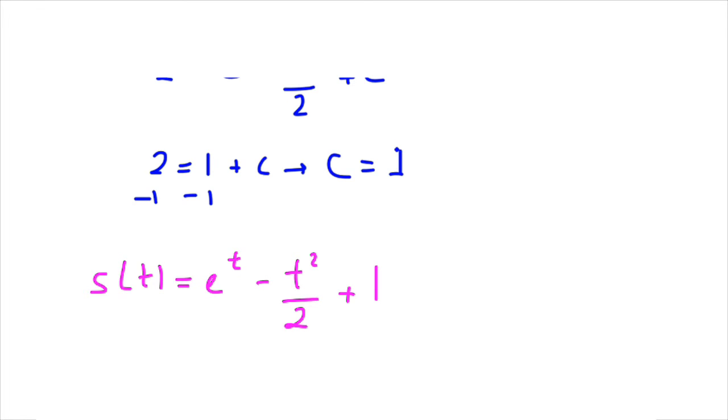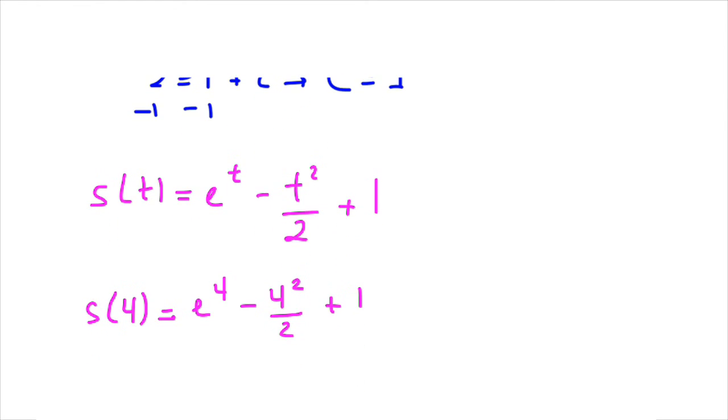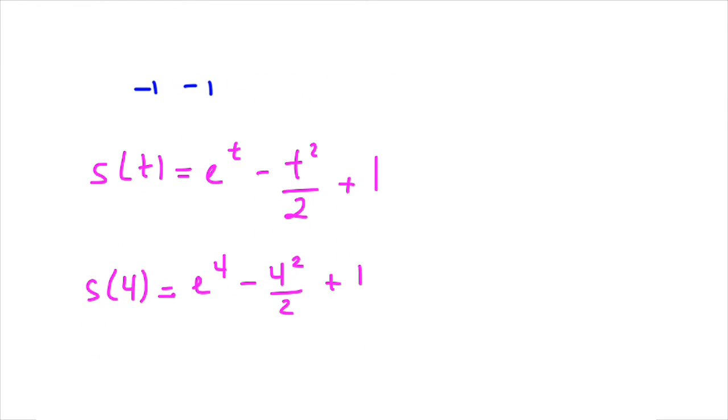You see, s of 4 is e to the 4th minus 4 squared over 2 plus 1. Well, let's pop in those numbers now. Let's see. That's going to give us e to the 4th. Now, e to the 4th doesn't really budge anywhere, I guess.